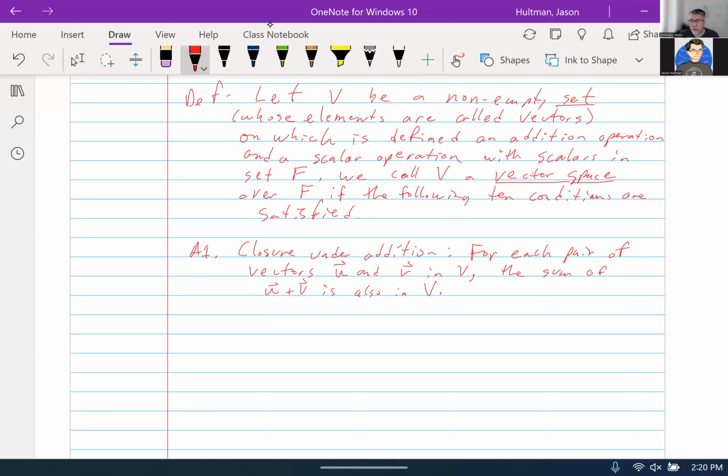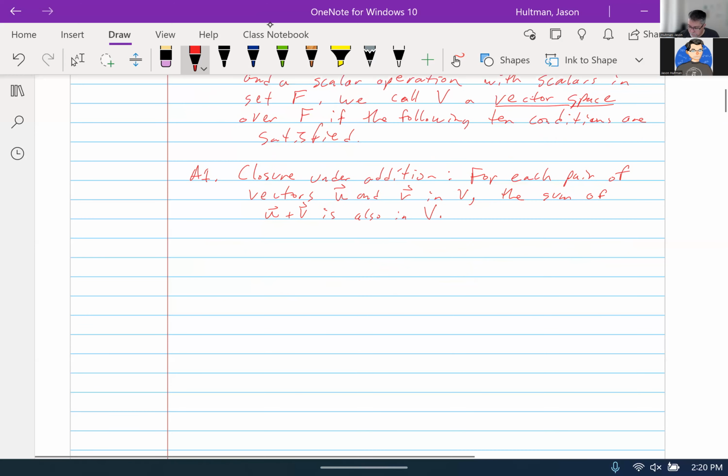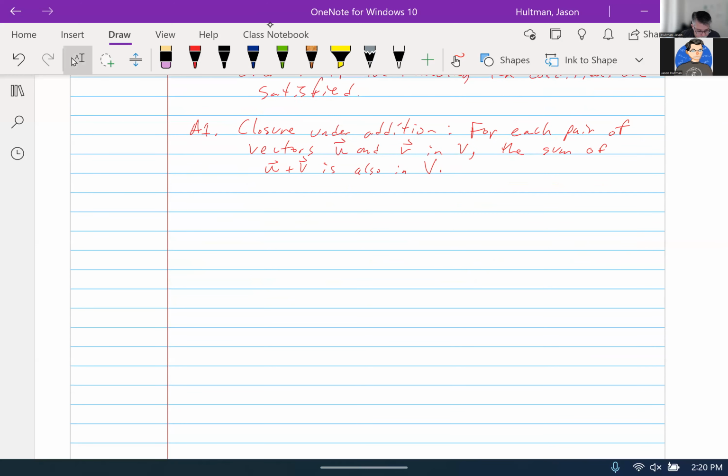If I divide two integers, I'm not guaranteed an integer, because 4 does not divide evenly into 1, and I would end up with a rational number instead. So integers over division is not closed. But here we want to make sure that addition is closed for these vectors.